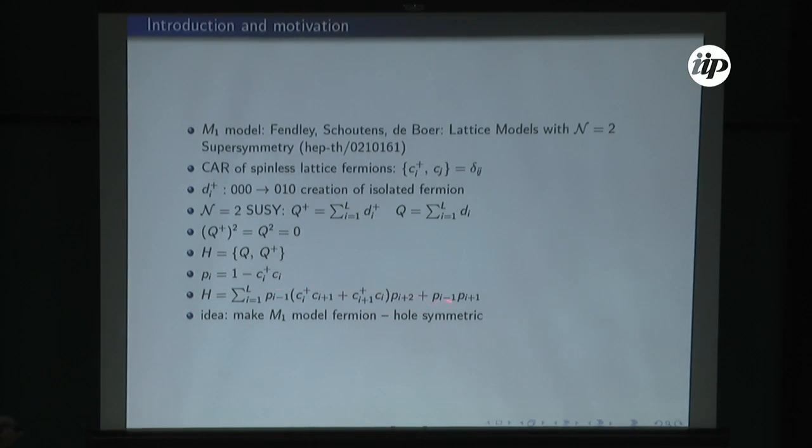If you compute it, it includes two terms. So there is this hopping term. So a fermion can hop from site i to i plus 1, or vice versa, given that the sites i minus 1 and i plus 2 are empty, so because they are isolated fermions, they cannot move closer than one site away from the other. And there is a kind of on-site energy term, which is the diagonal term in this Hamiltonian.